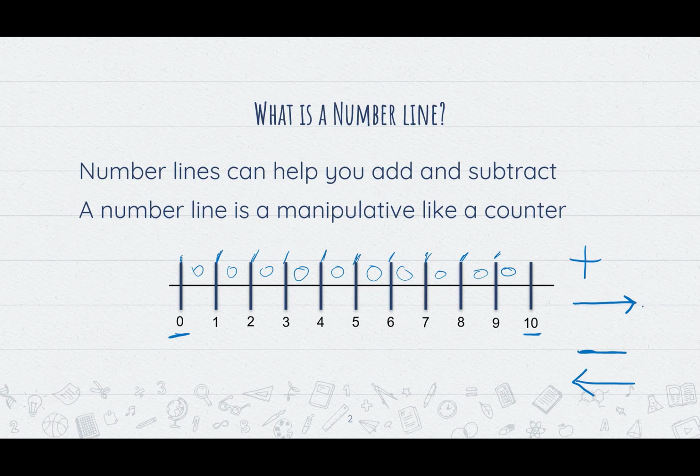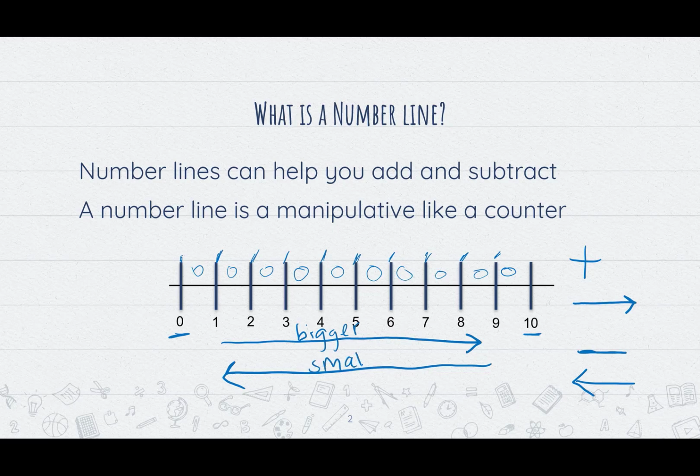Because when you're going this way, the numbers are getting bigger, and when you're going this way, the numbers are getting smaller. So just remember that when you're doing your practice problems, when you're adding, you go that way, and when you're subtracting, you go the other way.